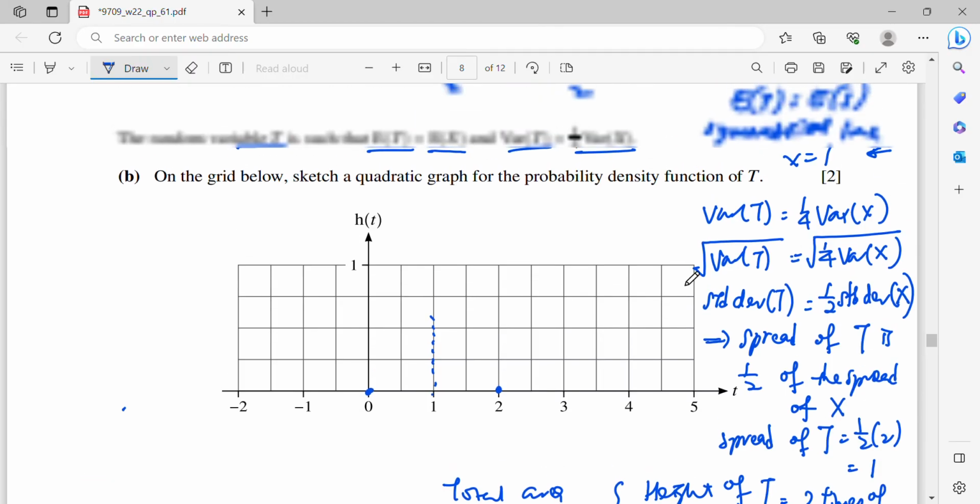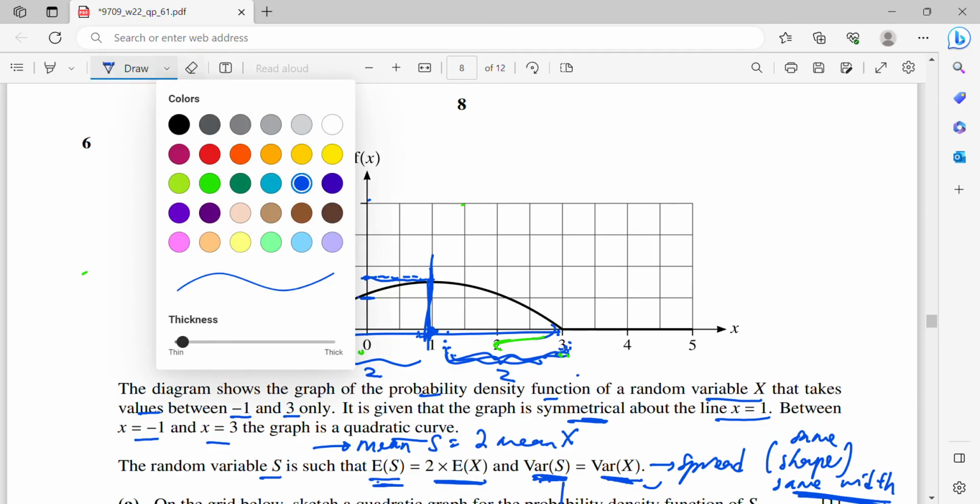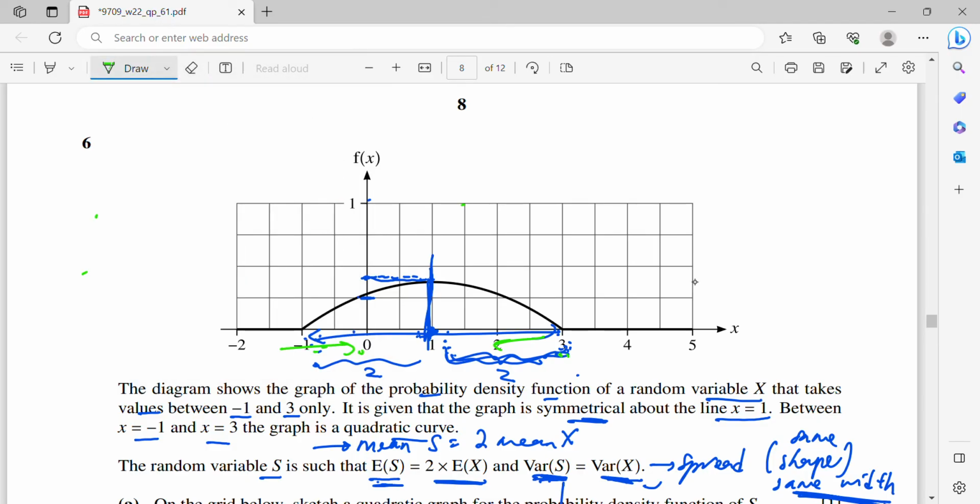So now when the height is 2 times the original, when I refer to here, this is 1.5. So now when you times 2, it becomes 3. So it will stop here. Right? So it will be 3 squares.